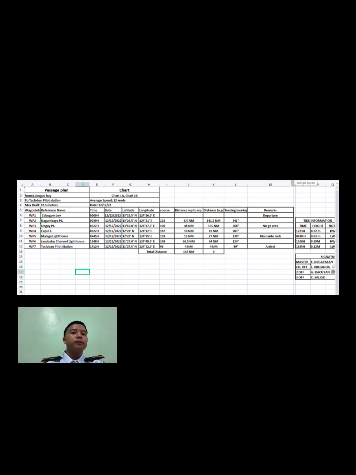Our waypoint 5, Malaga Lighthouse: the course is 159, the distance waypoint to waypoint is 30 nautical miles, the distance to go is 77 nautical miles, and lastly the turning bearing is 130 degrees.